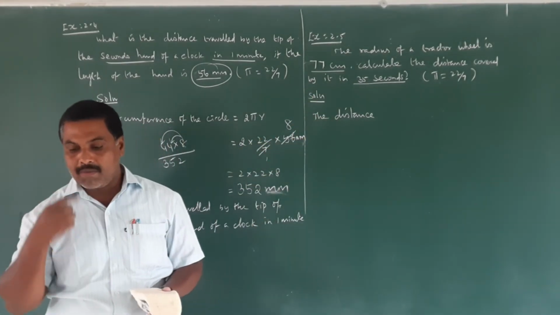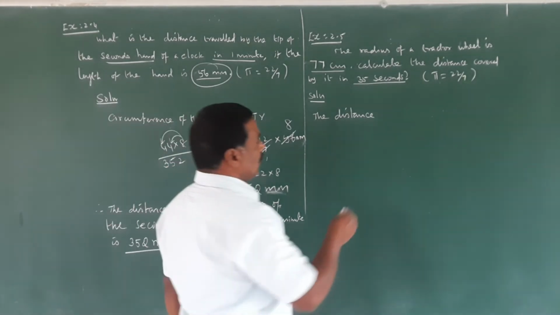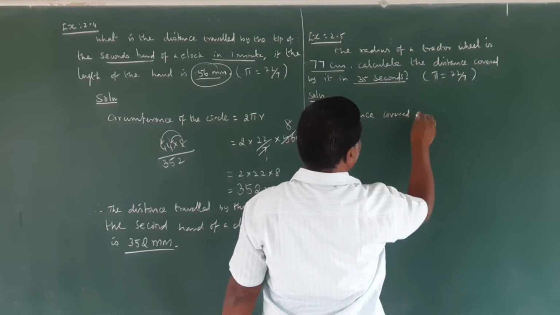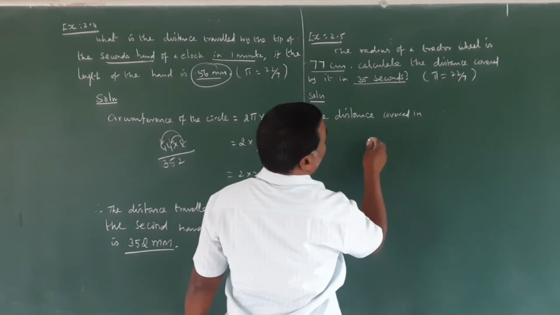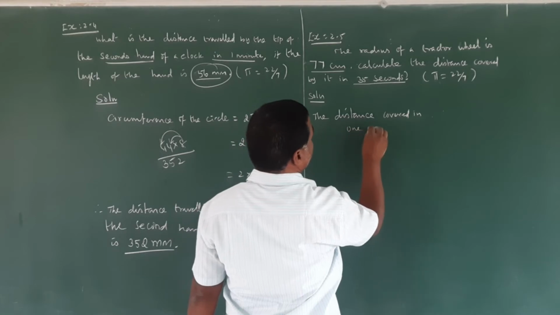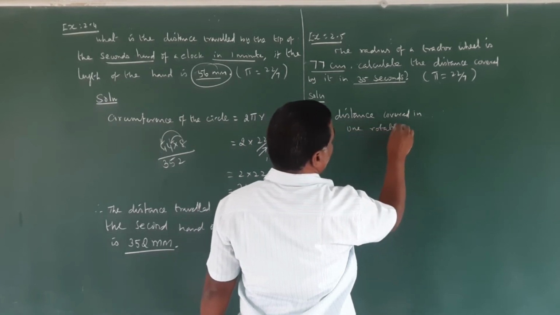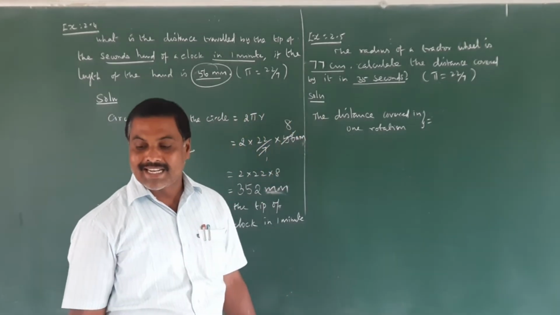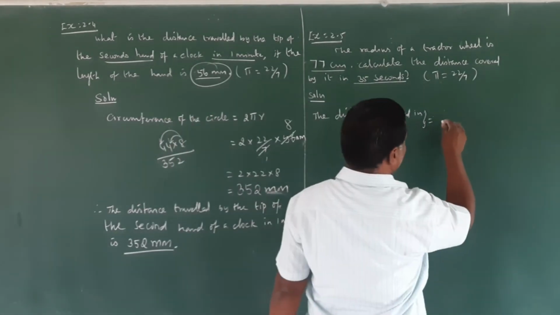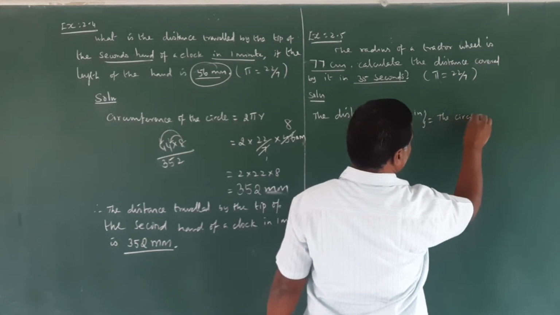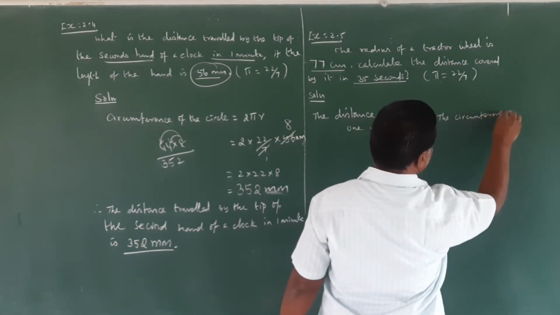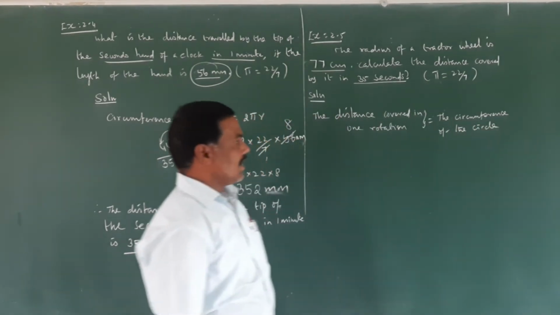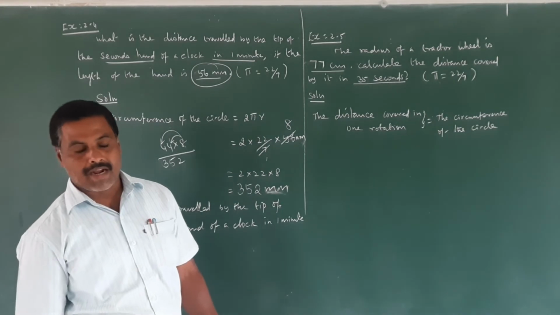The distance covered in one rotation is equal to the circumference of the circle.